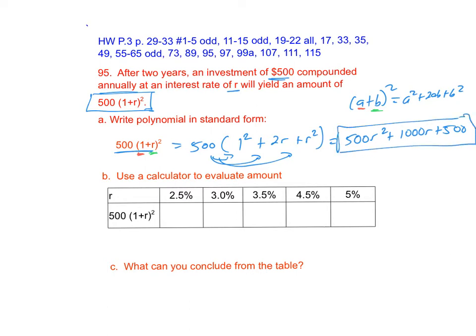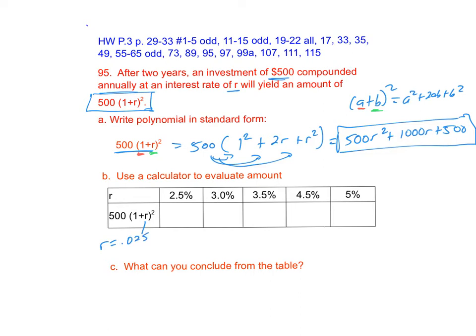In part B, we're supposed to use our calculator to evaluate how much money we'd have for varying interest rates. So we have an interest rate of 2.5%, 3%, 3.5%, etc. When you enter this in your calculator, the R value, let's say for 2.5%, will be 0.025.